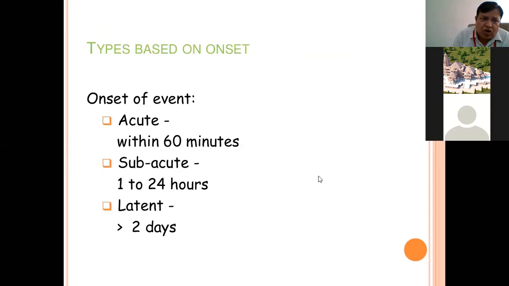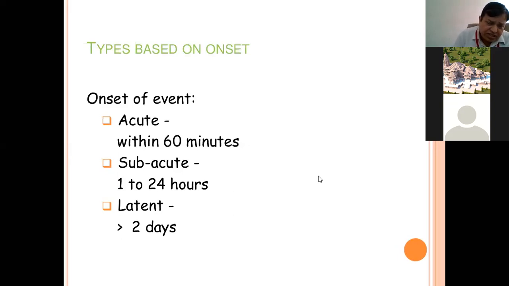Now, type based on onset. This is another type. Acute adverse drug reaction occurs within a minute to 60 minutes. Within an hour, you will get reactions that are very lethal or life-threatening.